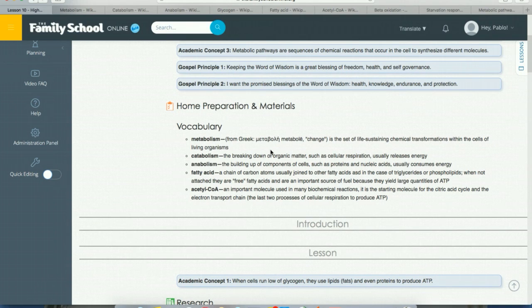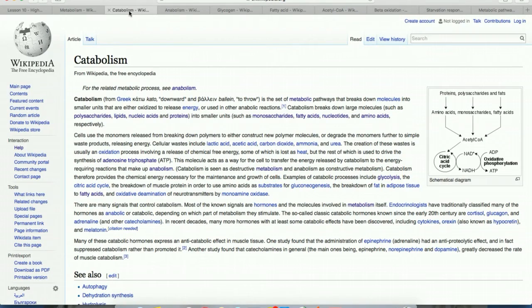Okay, so if I look at the Wikipedia article for catabolism, from the Greek kato, downward, and ballein, to throw, so basically to throw down, to break down. It's the set of metabolic pathways that break down molecules into smaller units that are either oxidized to release energy or used in other anabolic reactions.